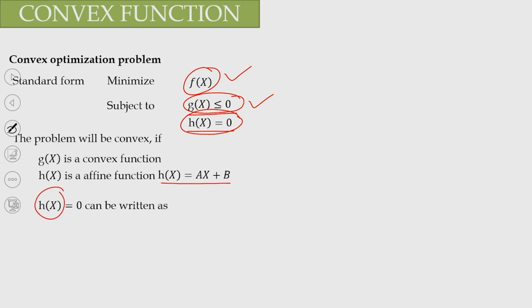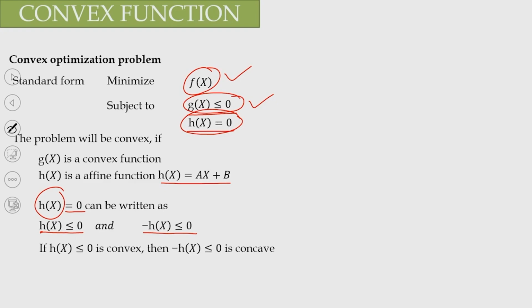So, it is a non-linear function and this is an equality type constraint. What can we do? We can replace this equality type constraint by using two less than or equal type constraints. That means, h(x) less than or equal to 0 and minus h(x) less than or equal to 0.